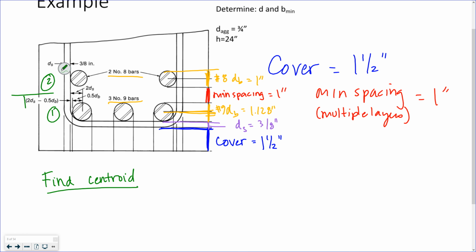And I'm going to find Y, the location of my centroid.